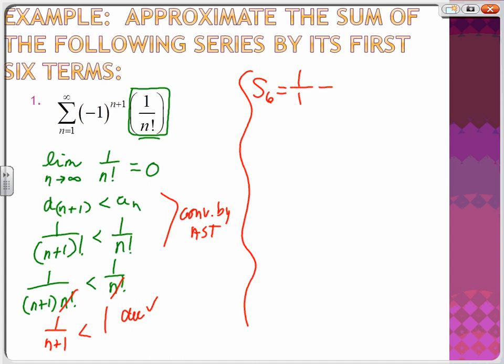Then I know it's alternating, so it's going to go minus 1 over 2 factorial, which is 2, plus 1 over 3 factorial, so 2 times 3 is 6, minus 1 over 4 factorial, so 6 times 4 is 24, plus 1 over 5 factorial, so 24 times 5, 120. And then minus, running out of room, 1 over 6 factorial, so 120 times 6 is 720. So S sub 6, add all those together, you can use your calculator, see what you get.